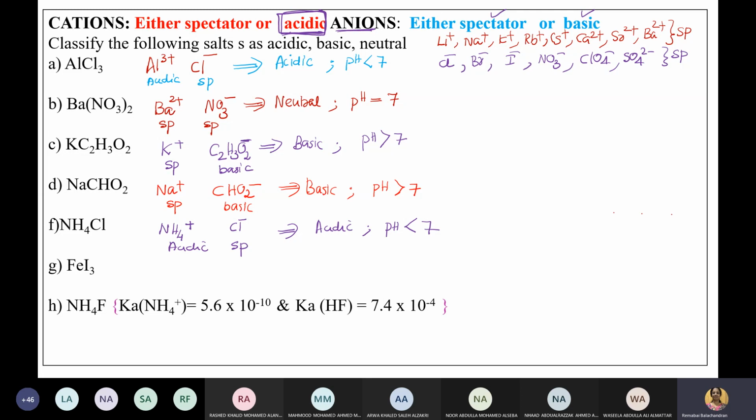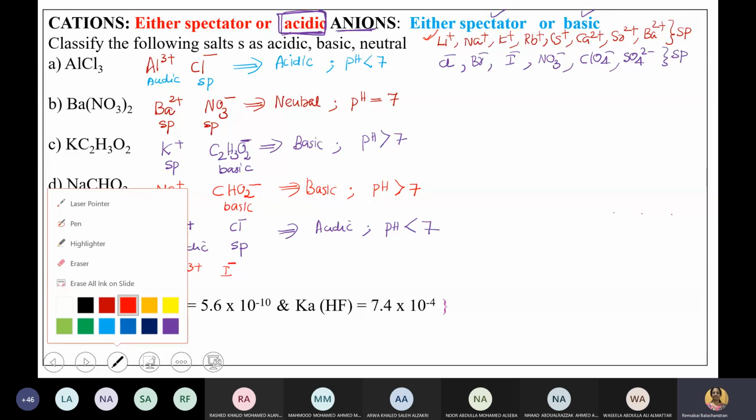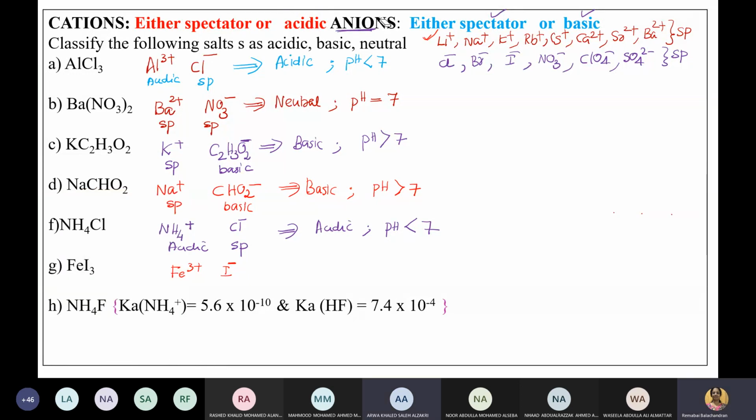Now, how do you write this one? FeI3. Fe3 plus and I minus. Check Fe3 plus. Is it spectator? Check the list which I gave. Not spectator.